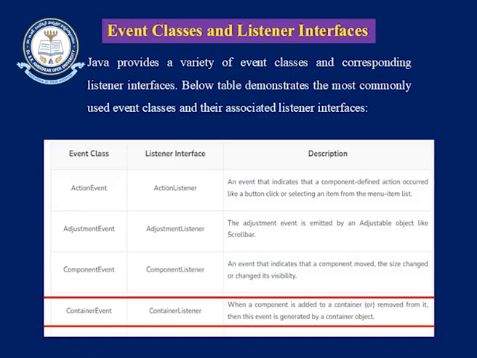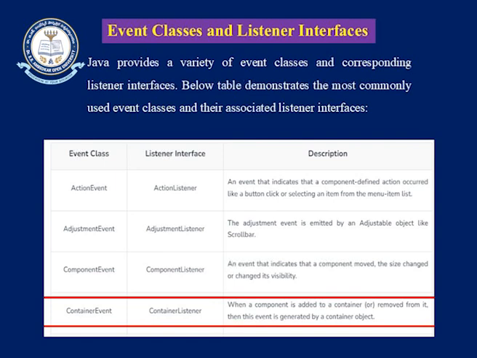If you are changing the size of the image, then the component event will occur. Such an event is handled by the component listener. Next one is the container event. When a component is added to a container or removed from it, this event will occur.